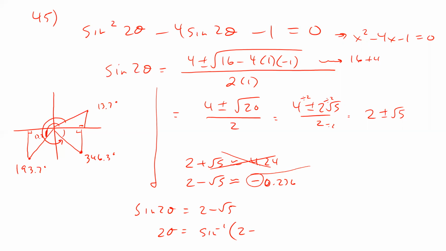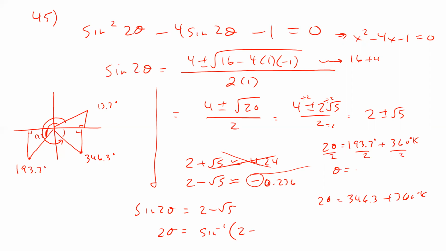Running out of space, but I think we can still do this here. So I have 2 theta is equal to 193.7 degrees plus 360K. Then I have 2 theta is equal to 346.3 plus 360K. So theta finally is this right here.